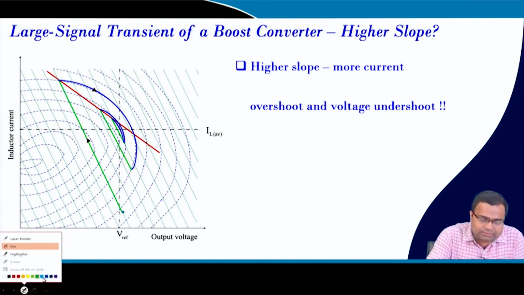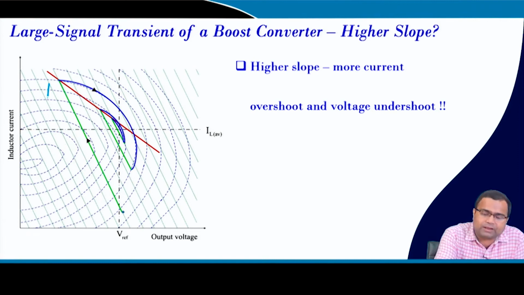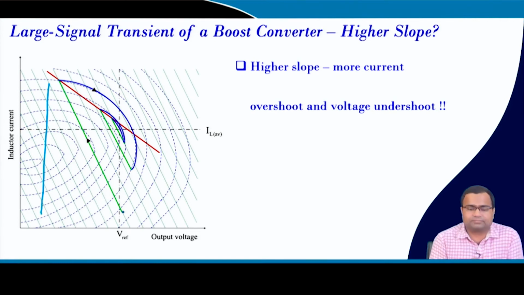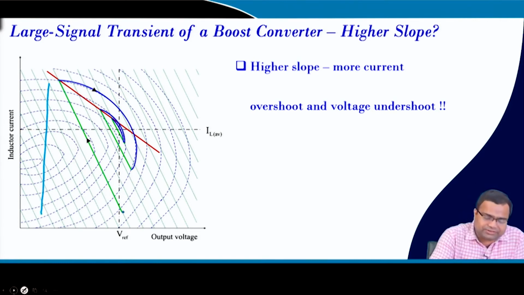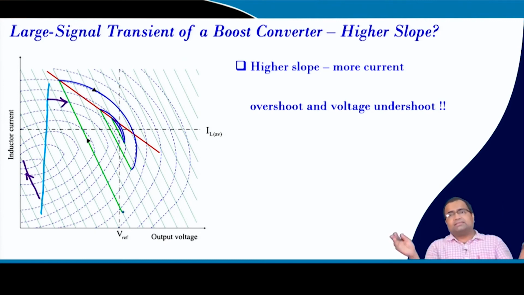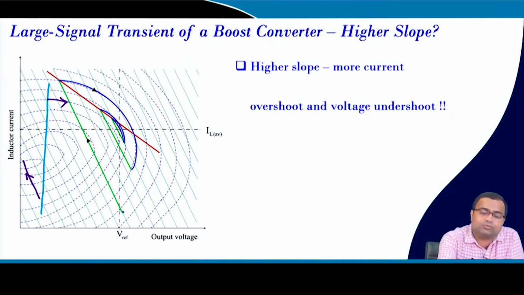So, if I take the slope like this, on this side my on state trajectory is going away from it, and on this side my off state trajectory is going away. That means, on either side the trajectories are going away. So, this will lead to our rejective region, and that is not desirable.